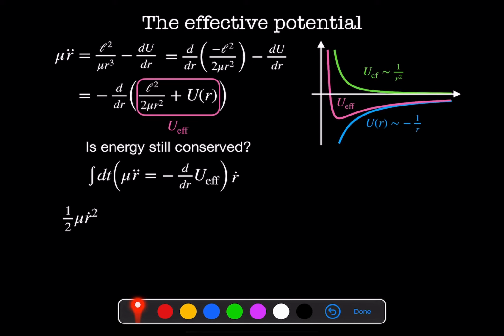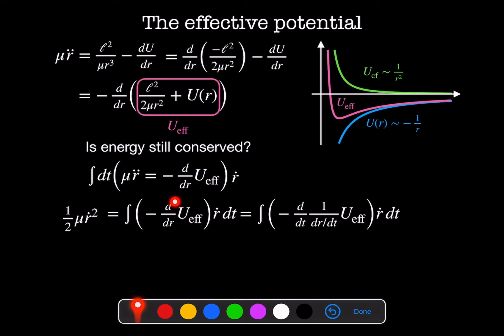On the left-hand side, I end up with 1/2 mu r dot squared. So this looks like a kinetic energy term. And then on the right side, I have the integral of minus d by dr u effective r dot dt. Rewrite d by dr as 1 over dr by dt times d by dt of u effective.